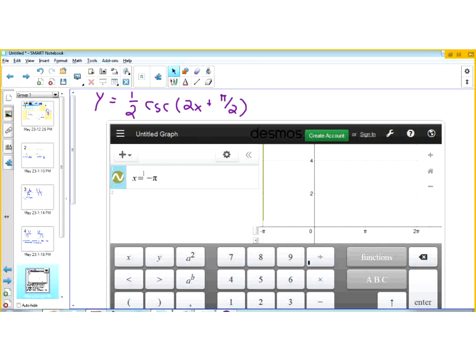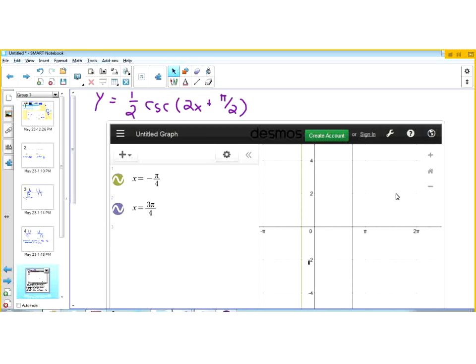Because we know the endpoints of the period of the cosecant function are vertical asymptotes. And then the period ends at x equals 3 pi over 4. Okay, so the green and purple lines are my range of a period of the function.